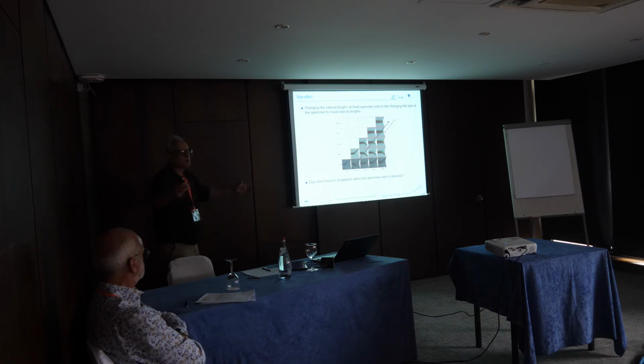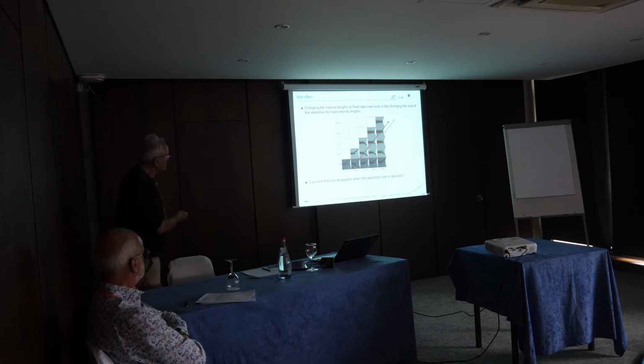We can machine small and large specimens, changing the specimen size, but we can hardly change the material length, which are material properties. So that's what I'm indicating by this line here. If I go in that direction, the internal lengths are increasing, so this corresponds to using smaller and smaller specimens. And it seems that cup-cone fracture disappears when the specimen size is reduced.